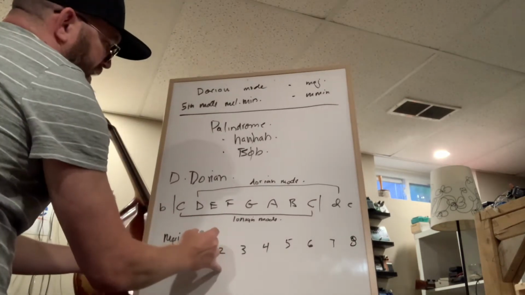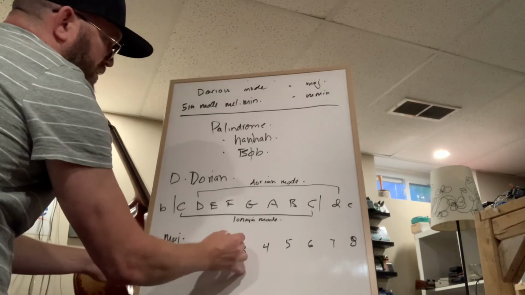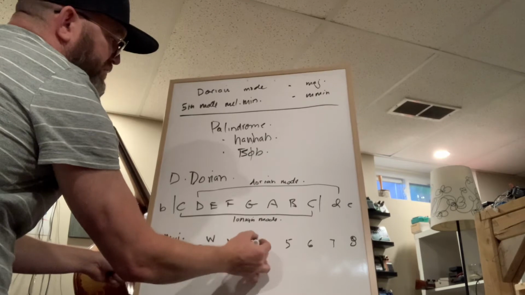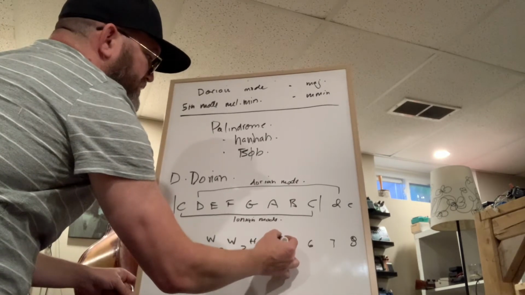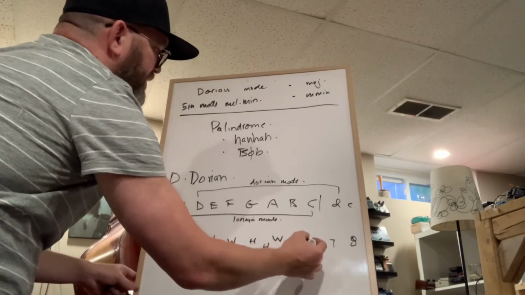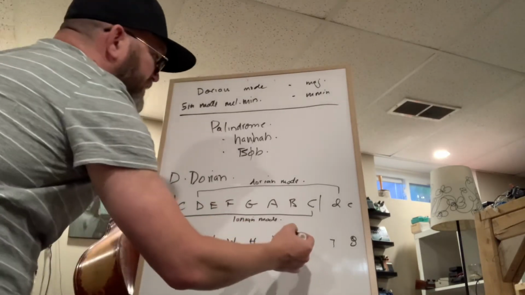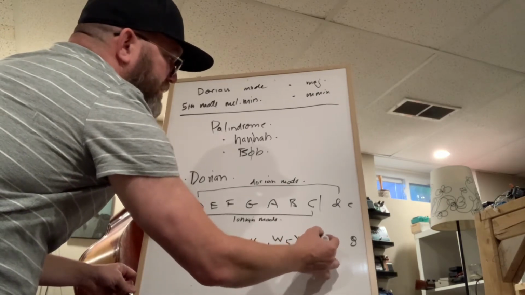There is a whole step between the first and second, a whole step between the second and third. There's a half step between that E and F, right? There's a whole step between F and G, a whole step, a whole step, and then last, a half step.